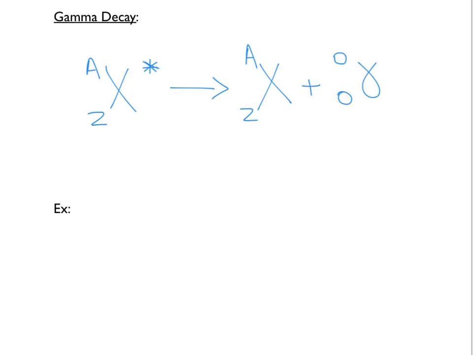In a gamma decay, the isotope isn't undergoing a transformation, but because it's unstable and you have an excited nucleus, which is denoted by that symbol, the electron moves to a lower atomic energy level and a photon is emitted. So a photon is a light particle that has no mass, no charge. It's just a high-frequency electromagnetic radiation particle.